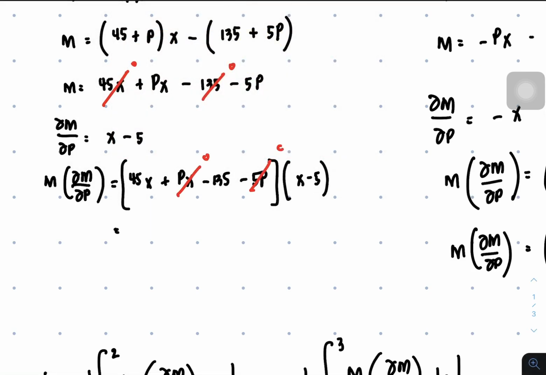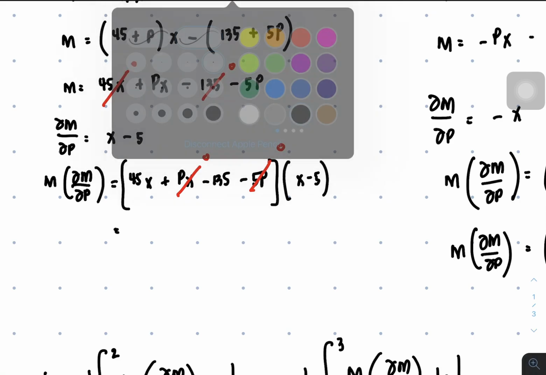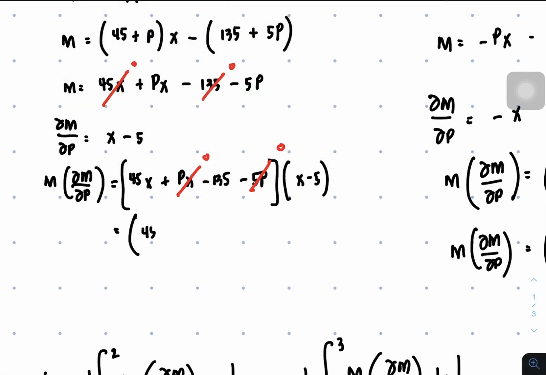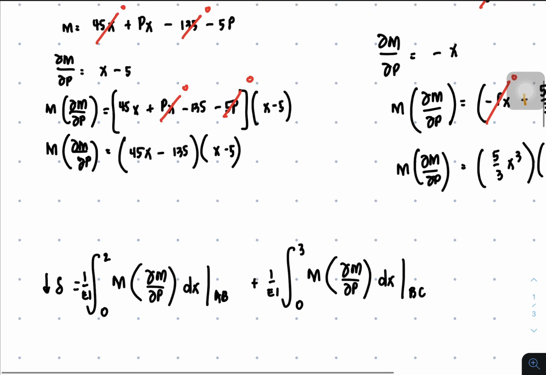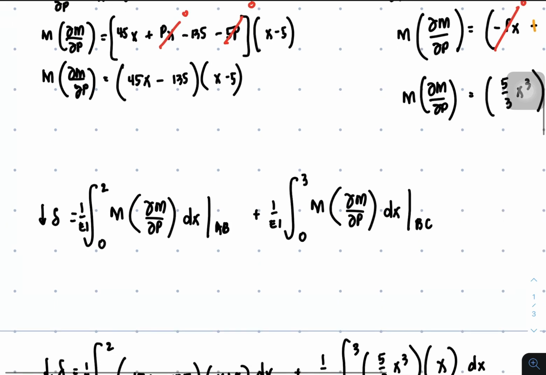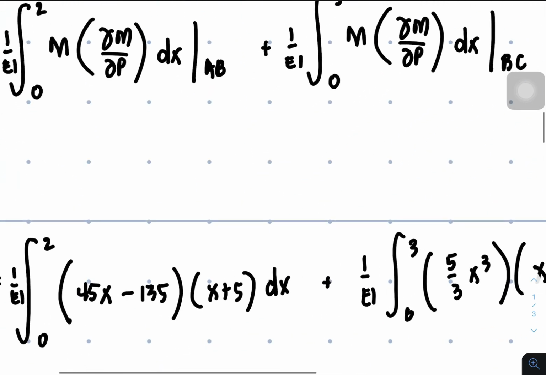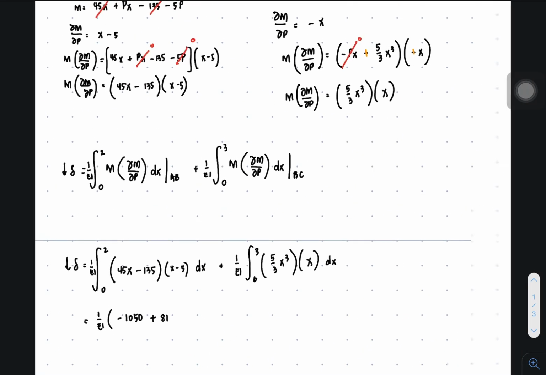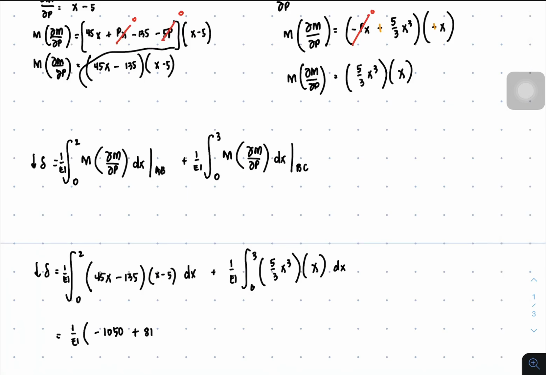So we are going to set this P to 0. So in this case, we'll have 45x minus 135 and x minus 5. So this is our final product. Okay, so instead of plus 5, it's negative 5. This one. So it's x minus 5. There.